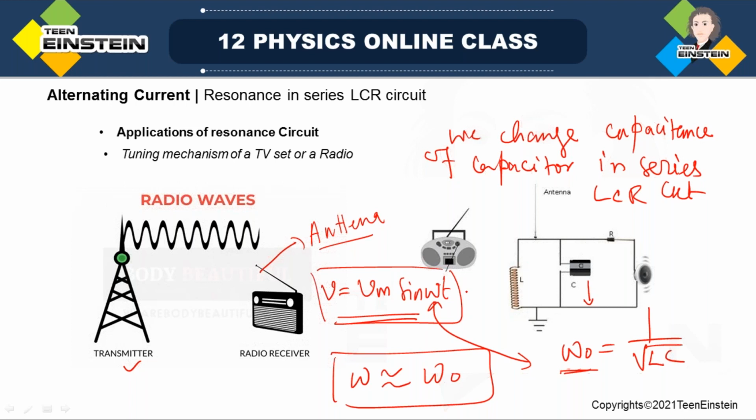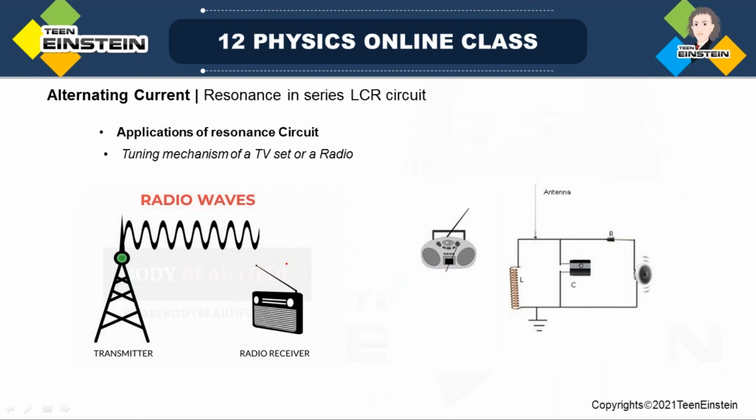So I'll just summarize what happens in the case of radio tuning. You have radio wave emitters. There may be many radio waves emitted by emitters, and those waves will be accepted by this radio antenna, and that signal acts as your Vm sin omega t kind of signal.